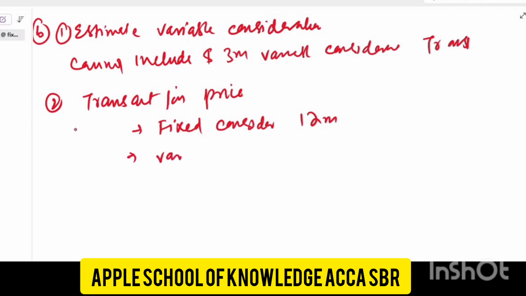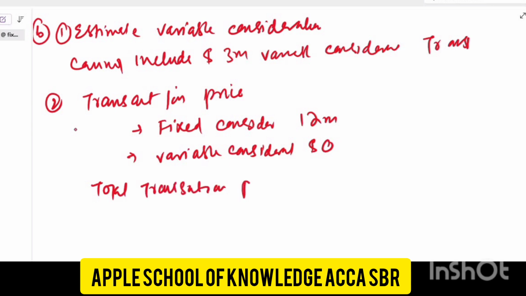Variable consideration, which we have estimated as 0 because there's no probability, it's not highly probable. And then the total transaction price will be 12 million.